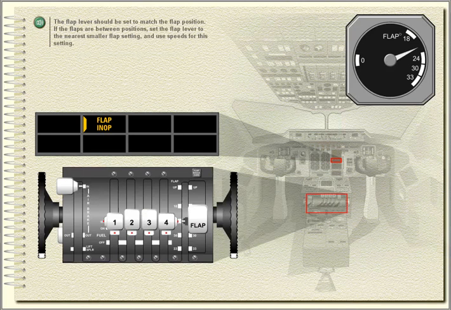Flap inoperative indicates a total failure of the flap system. The flaps are locked in position when failure occurs. The flap lever should be set to match flap position. If the flaps are between positions, set the flap lever to the nearest smaller flap setting, and use speeds for this setting.